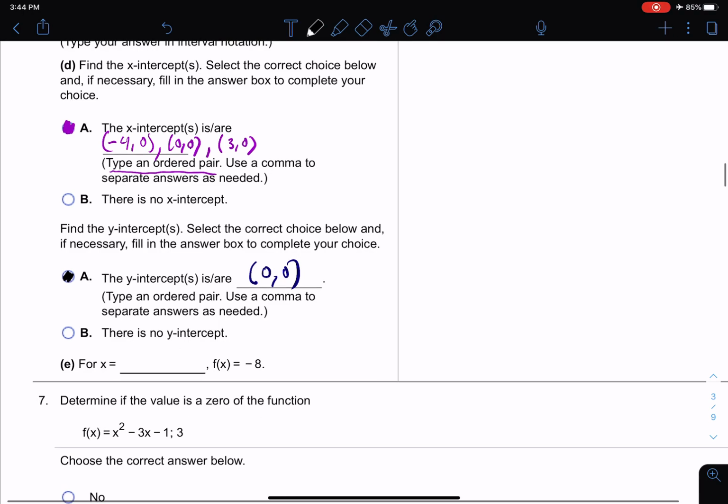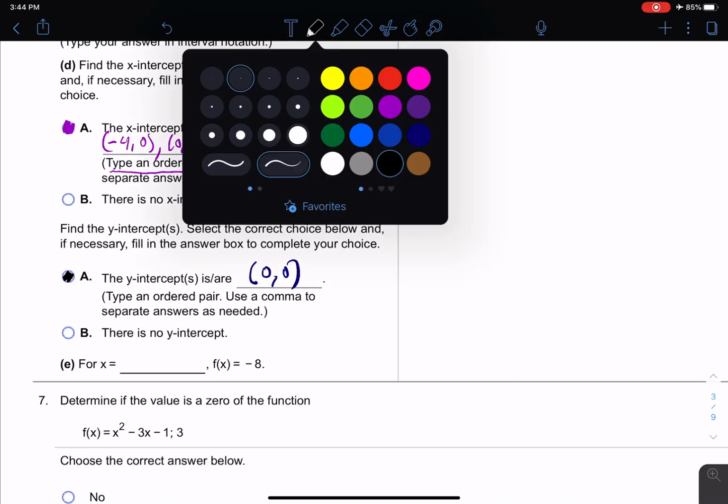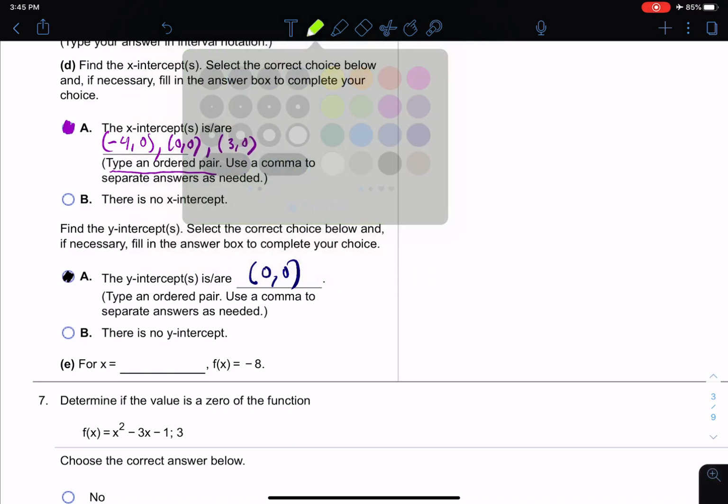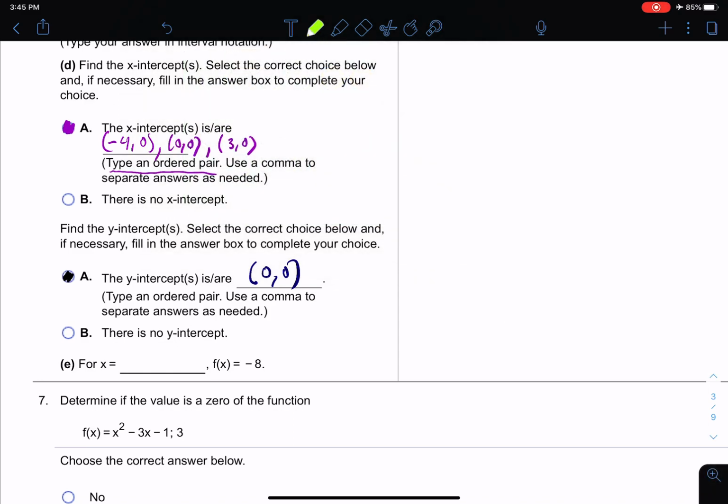And finally, for x equals what? F of x equals -8. Oh, this is the trickiest one of all, just for the last one. And I'm out of color. Yikes. Let's go with that really greeny look.